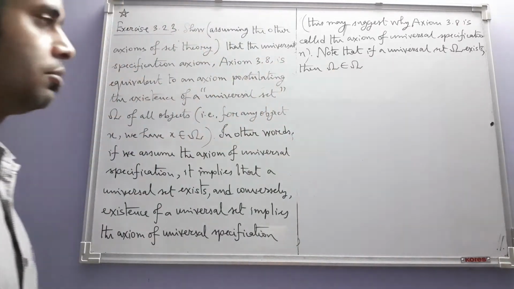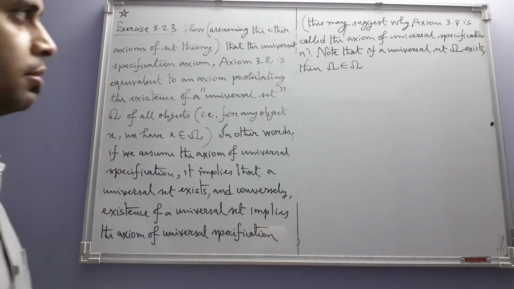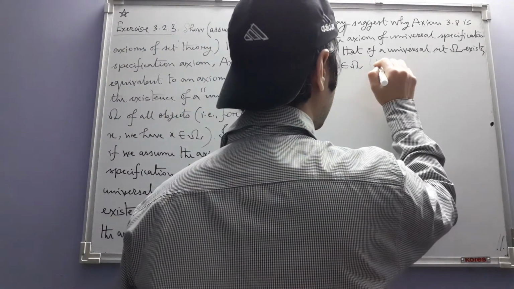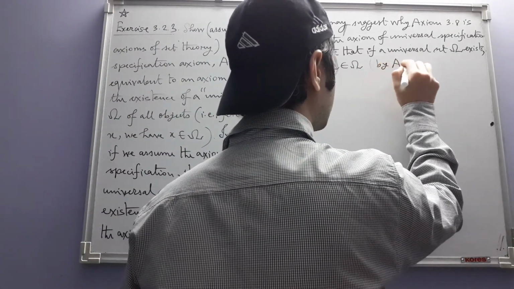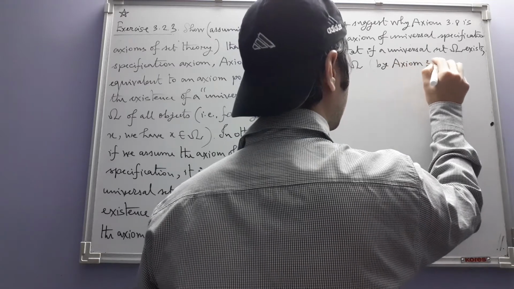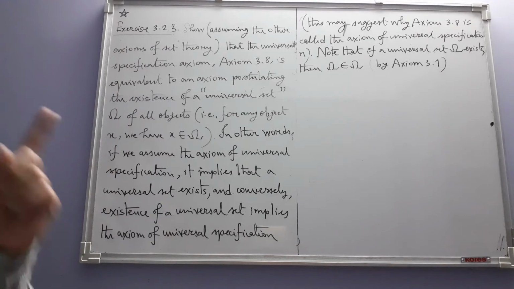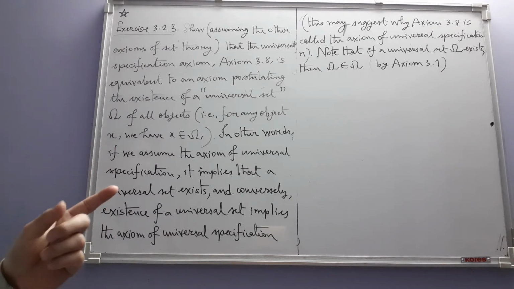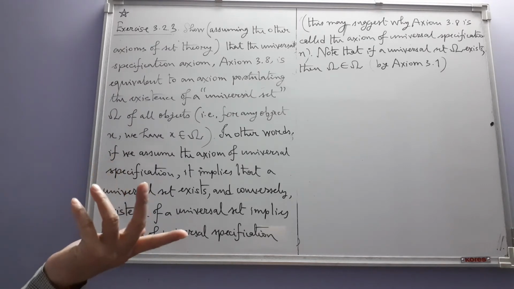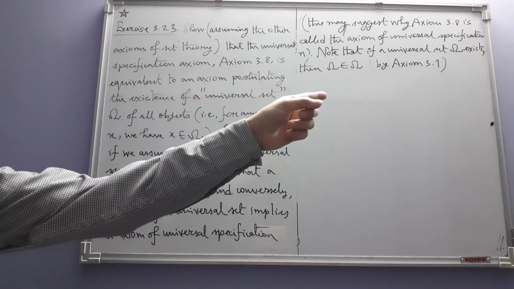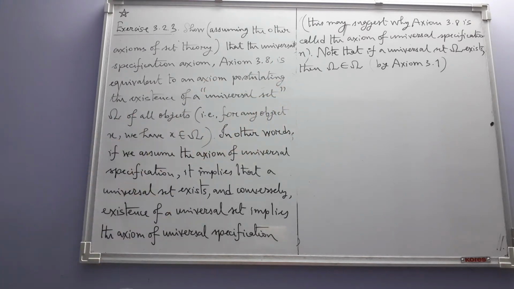omega belongs to omega. Why? By axiom 3.1. You see, universal set exists means omega is a set, and according to our first axiom, sets are objects.